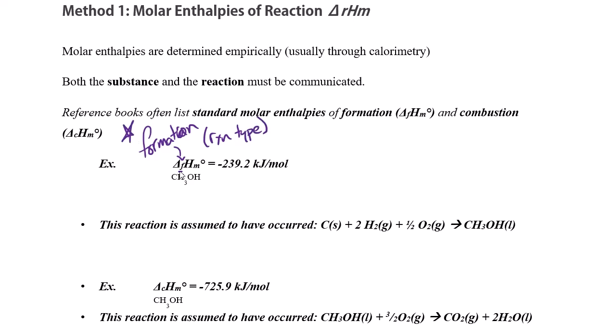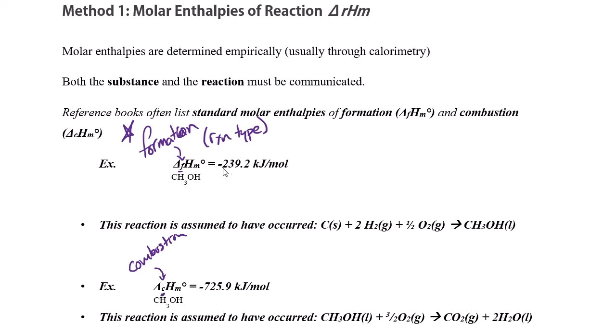It's easy to miss that little F, but it's very important because if I'm forming methanol, that's the reaction we specified above, right? I'm building a methanol molecule from its elements. That's very, very different from burning methanol, right? Here's the same substance. I've got methanol down here, but the only difference on the left side of this is that this is a combustion. The reaction type here is specified by this little subscript.